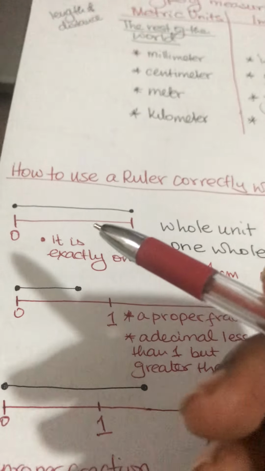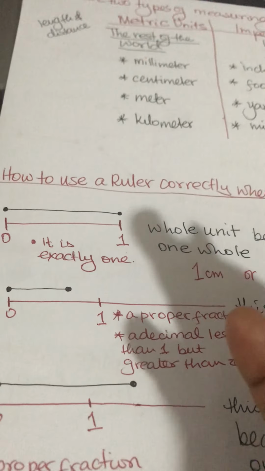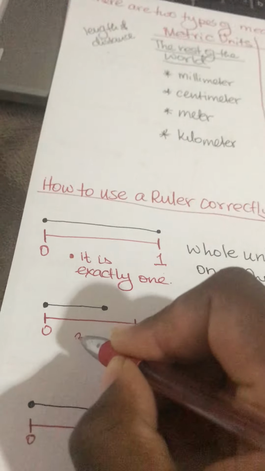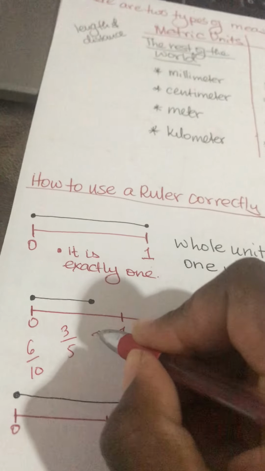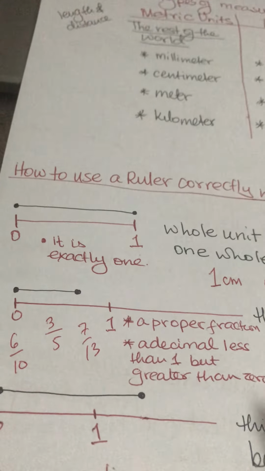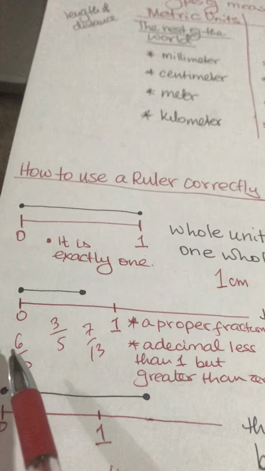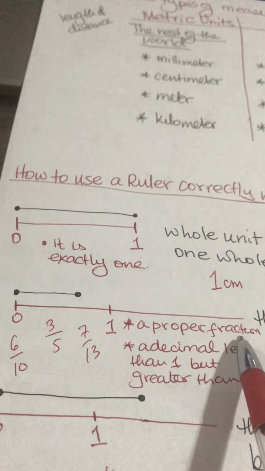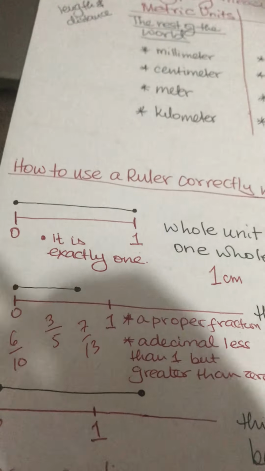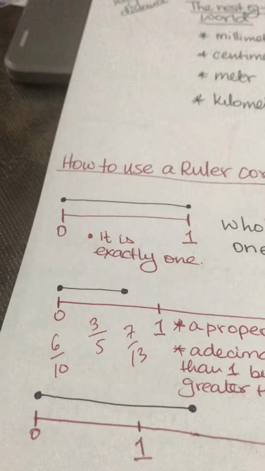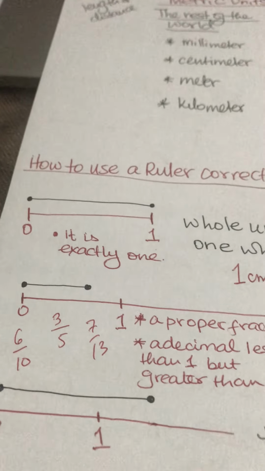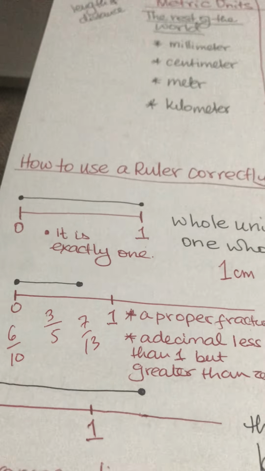Okay? It must be a proper fraction. That means your numerator is smaller than the denominator, like 3 over 5 or 6 over 10, or 7 over 13. So your fraction must be a proper fraction and your decimal must be 0 point something: 0.01, 0.12, 0.20, 0.35, 0.99.